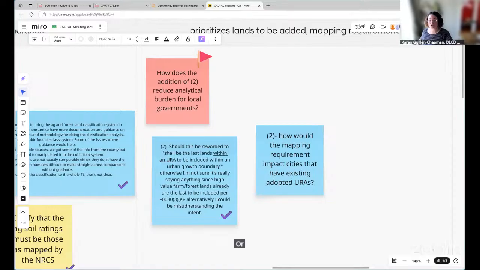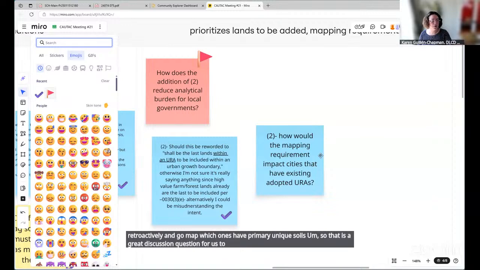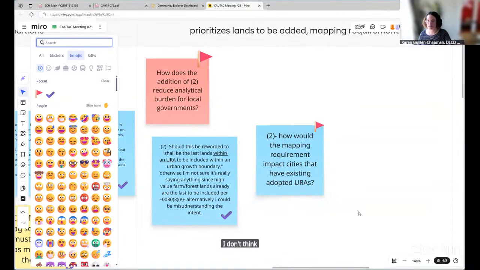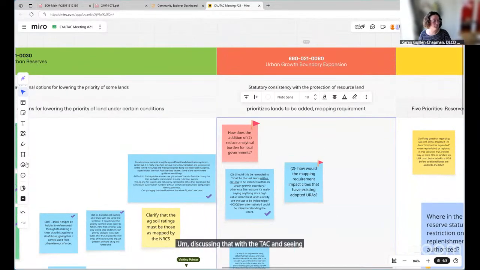Or should it be retroactive, or should it just be forward? The rule doesn't specify. The rule does not say that a city has to go retroactively and map which ones have prime and unique soils. So that is a great discussion question for us to chat through. I don't think staff have landed one way or the other, but we're open to discussing that with the TAC and seeing where we land on that one.